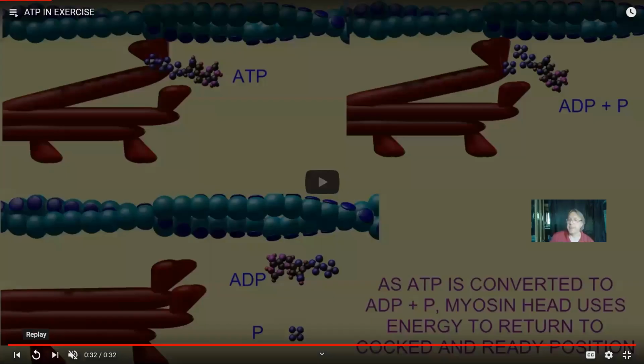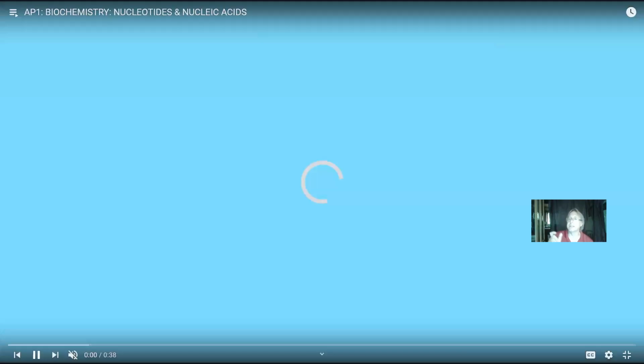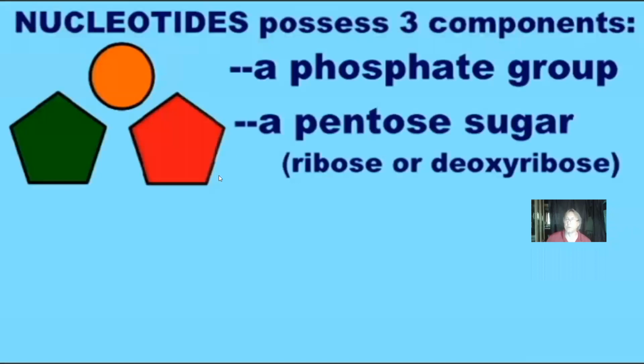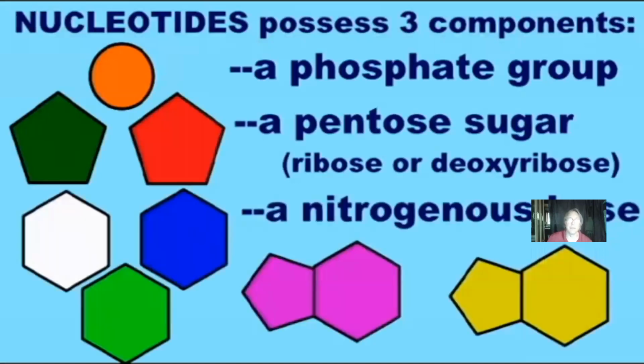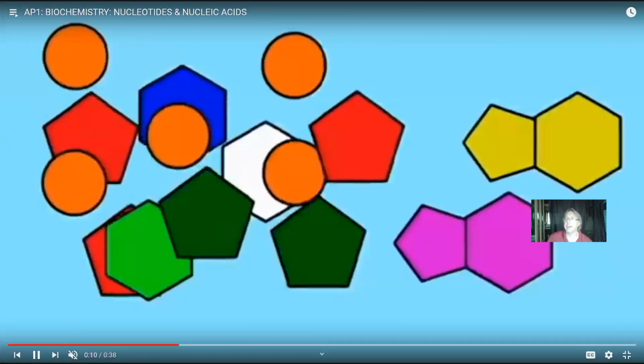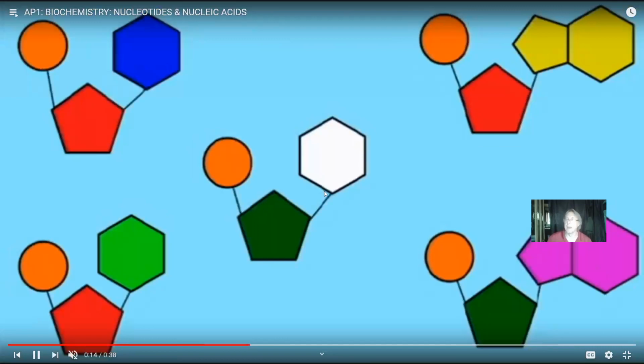But we don't have to stop there, because that adenosine was a small molecule, what we call a nucleotide. And as in some of the other classes, you can take one nucleotide and add it to another one, and another one, to create the long polymer. Each nucleotide has 3 parts: a phosphate group, a pentose sugar, so not a hexose sugar like glucose, but rather a pentose sugar.